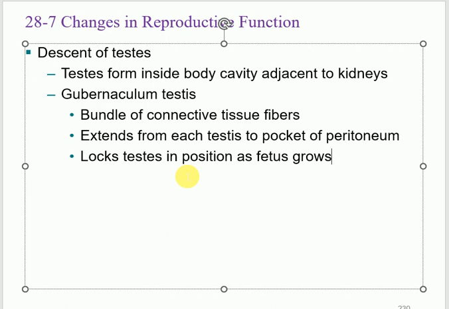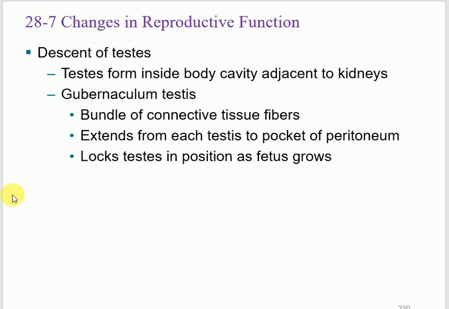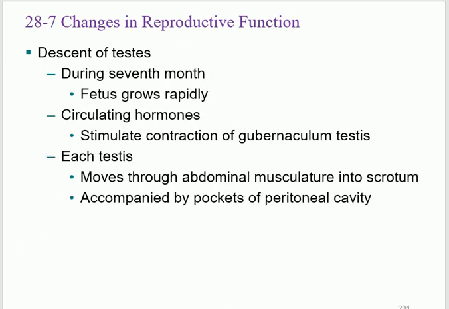No. In the beginning it is right beside the kidney. It descends because there is gubernaculum that pulls it down all the way. It starts to pull it down because of the hormones, and each one of these testes will end up being in one of those two scrotums. If this doesn't happen, we call it undescended testes.